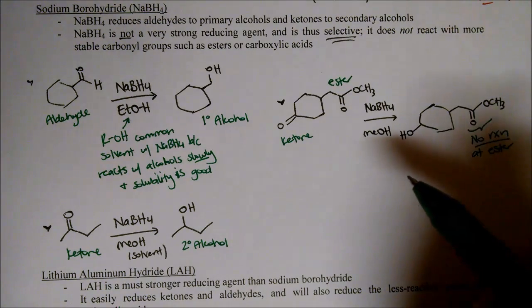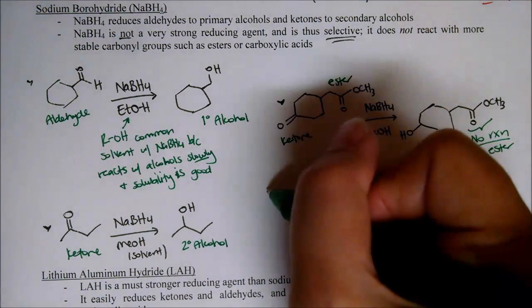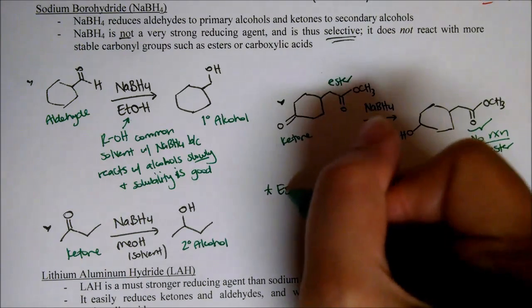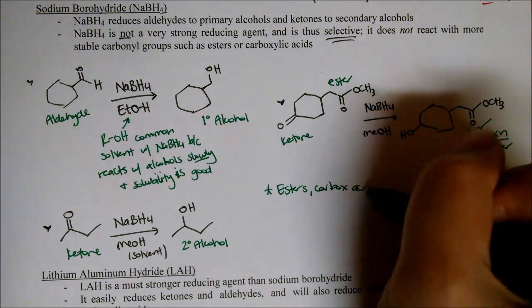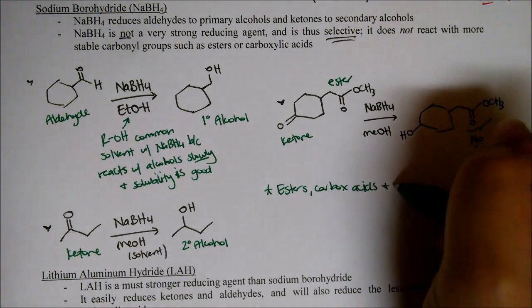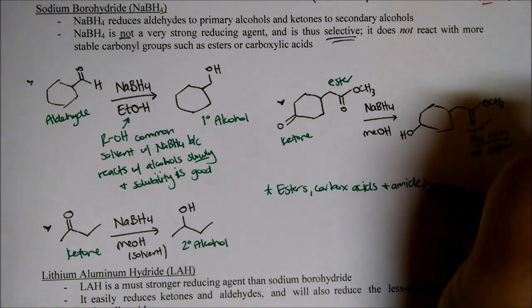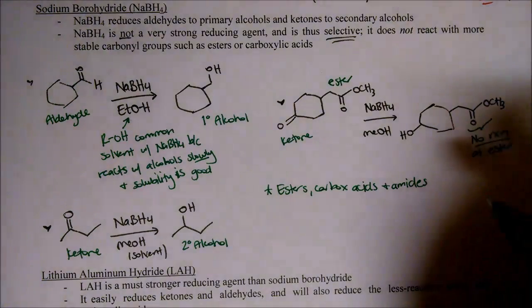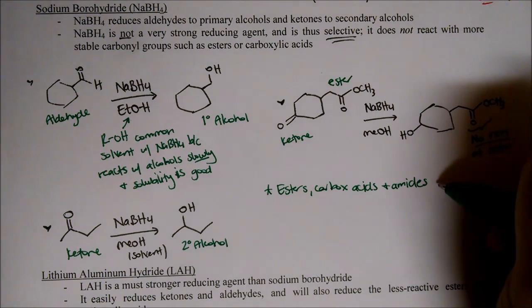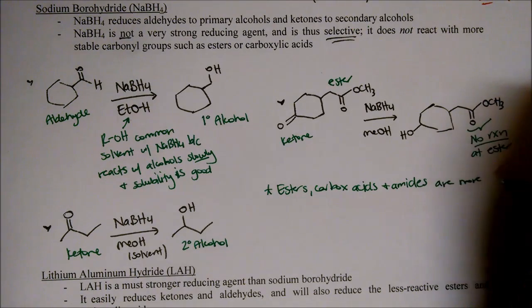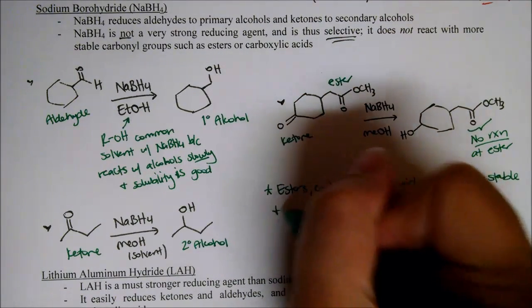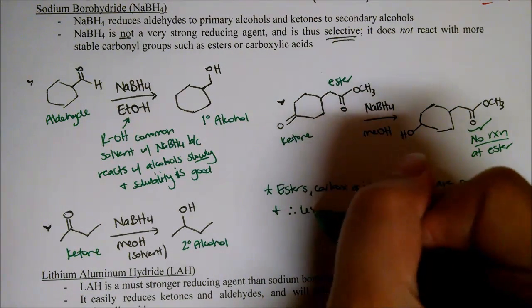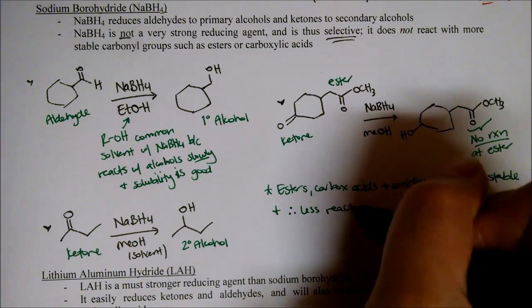And so, this is important: esters, carboxylic acids, and amides. Go back and review those functional groups. These are all very stable carbonyls. Those carbonyl functionalities are more stable, and therefore they're less reactive.